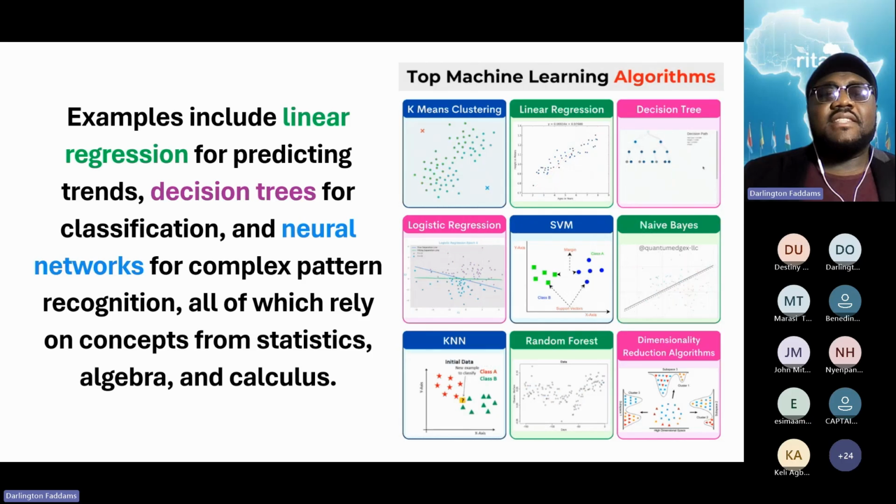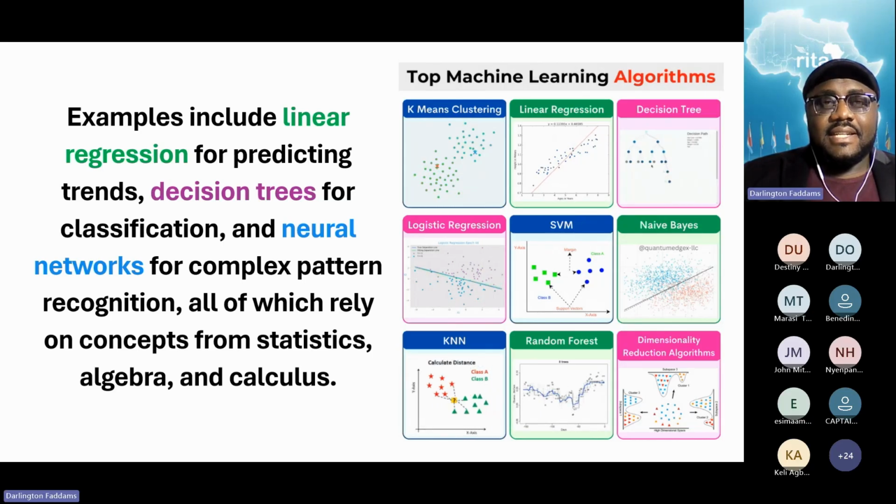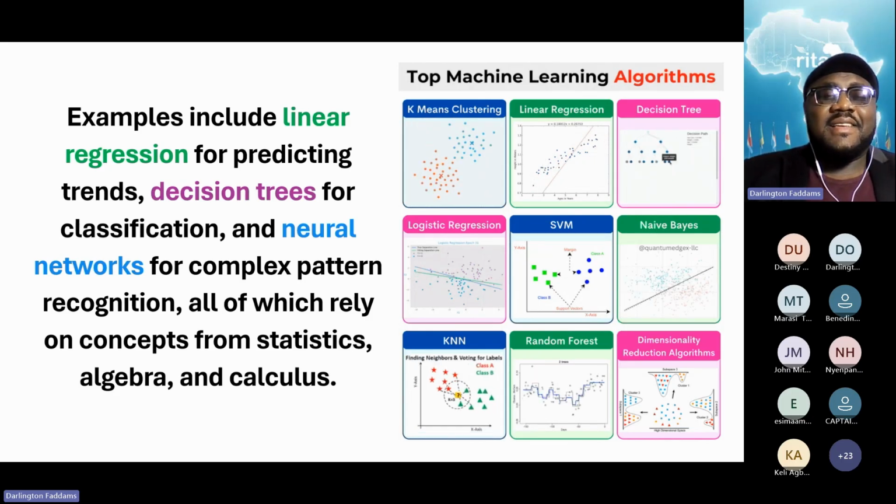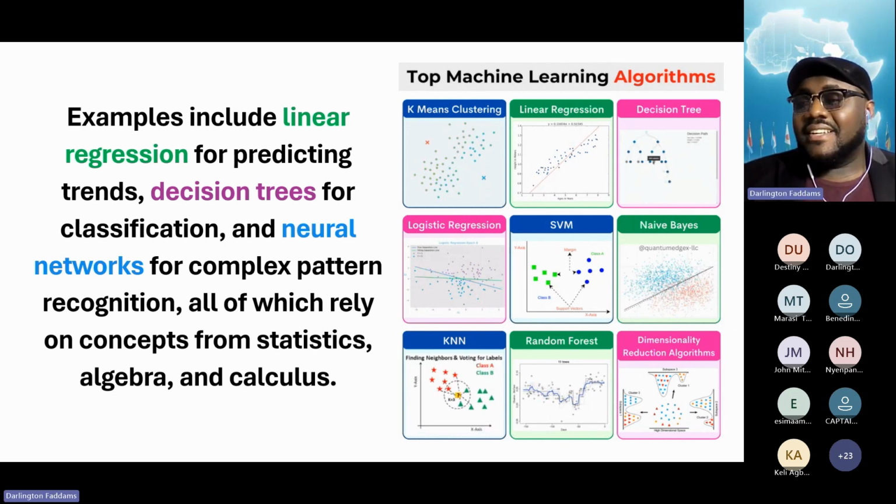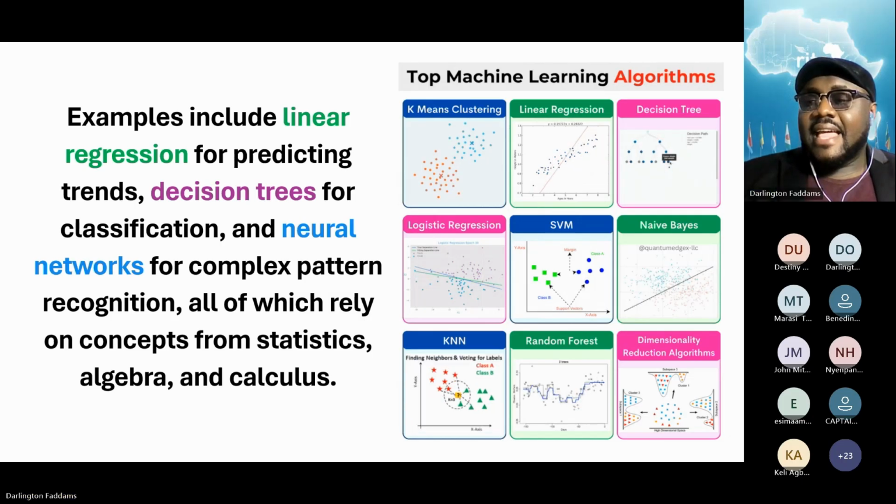Examples of these algorithms are what we call linear regression. Please type linear regression in the chat for me. If you know what linear regression is, it is one of the first algorithms that you'll be learning as a machine learning engineer and student.